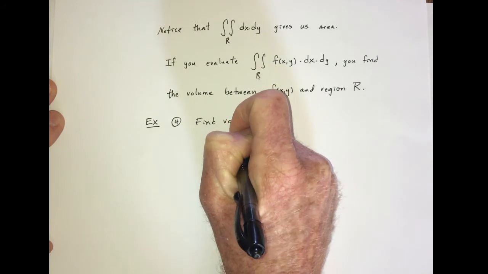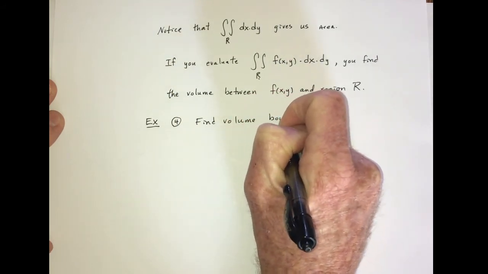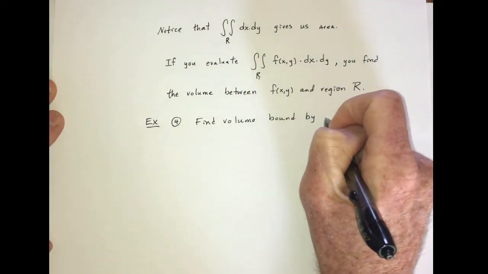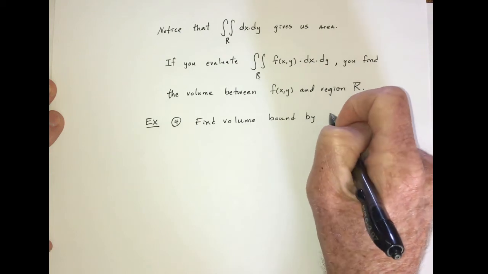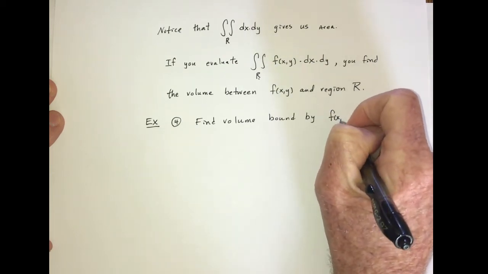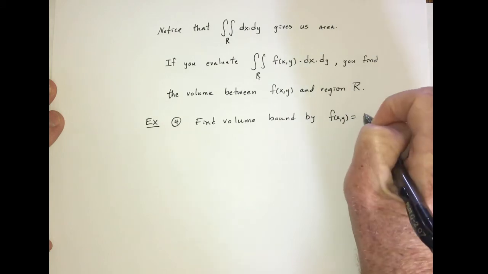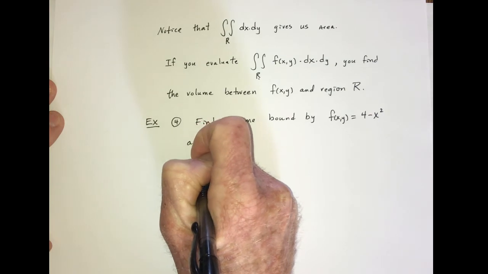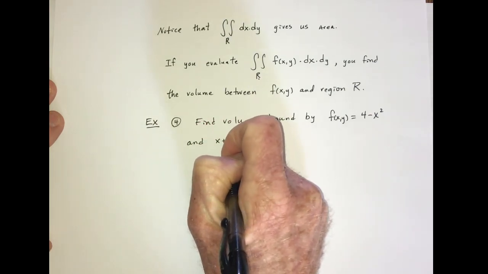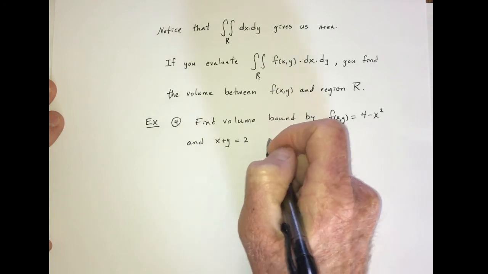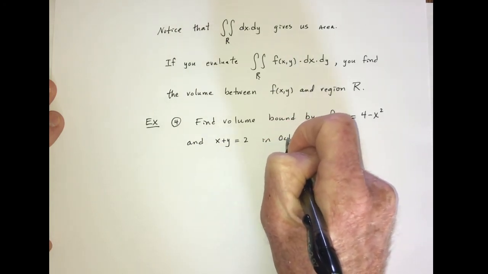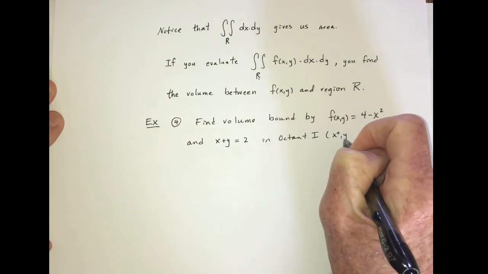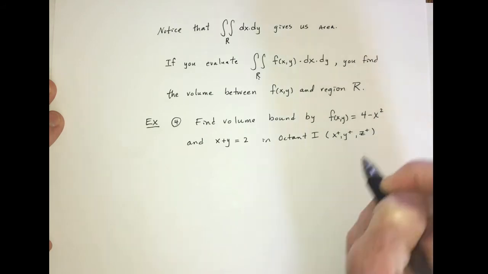Find the volume between or bound by f of x and y, or in other words, z equals 4 minus x squared, and also x plus y equals 2, in octant 1. And octant 1 just means that x is positive, y is positive, and z is positive.